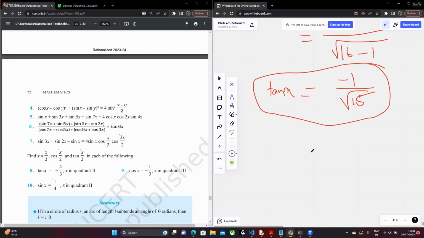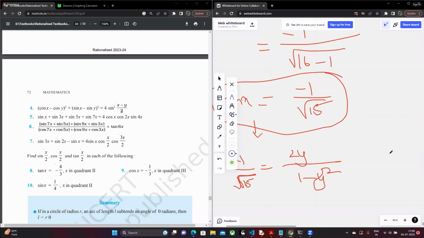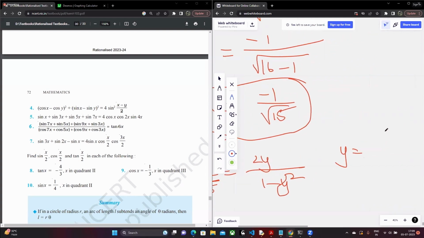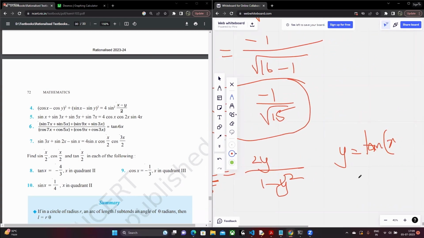Right. From this, I can figure out tan of x by 2. Right. I'll basically write that minus 1 by root 15 is equal to 2y divided by 1 minus y squared, where y is equal to tan of x by 2 and y is greater than 0 because x by 2 lies in the first quadrant.